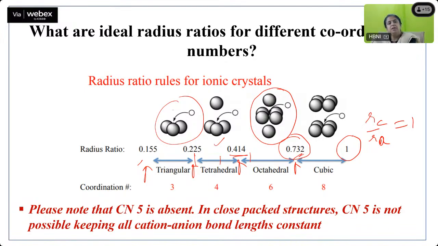In that case, we observe polymorphism. Polymorphism means this particular pair of cation and anion can make 2-3 types of crystal structure, because for them it is possible to have more than one coordination number. Different coordination number means a different kind of crystal structure is possible.